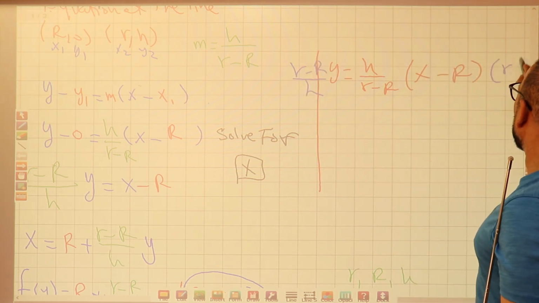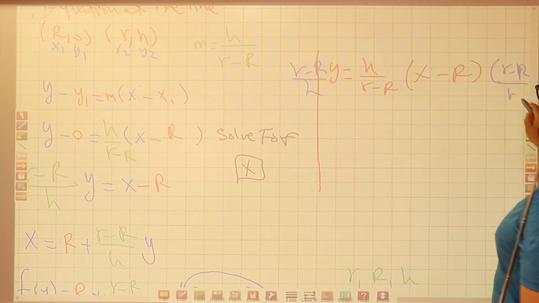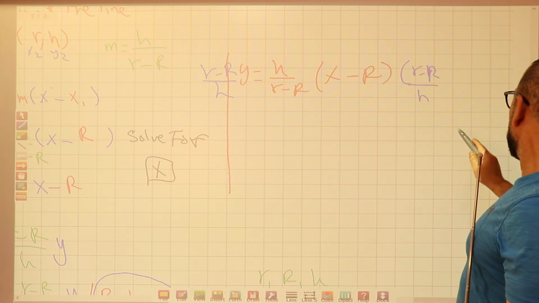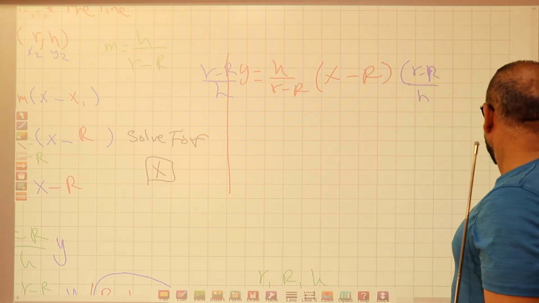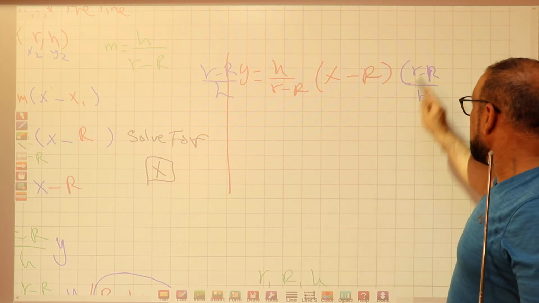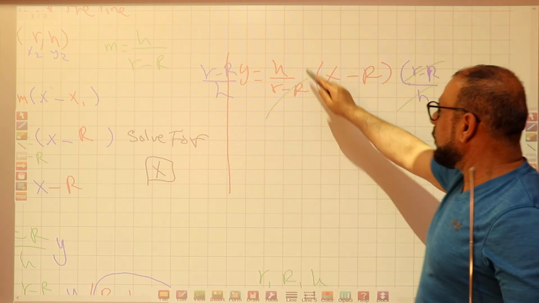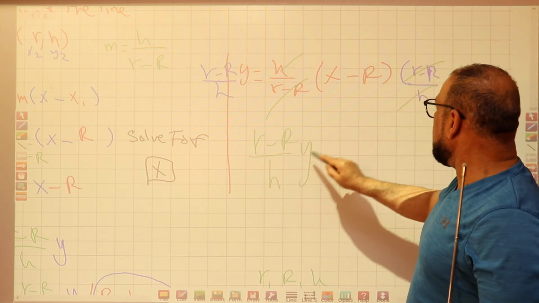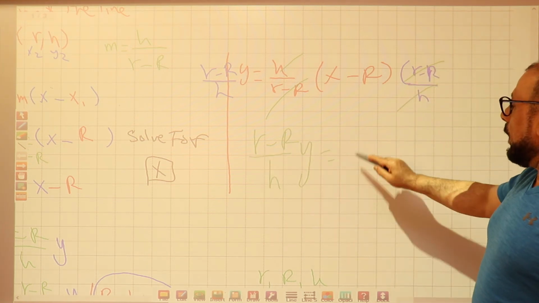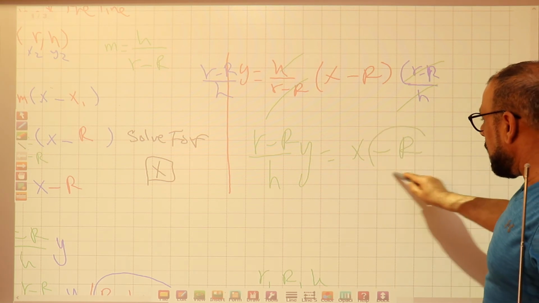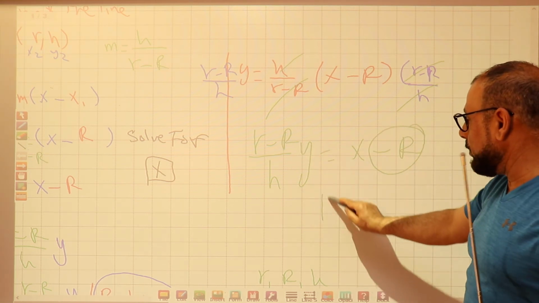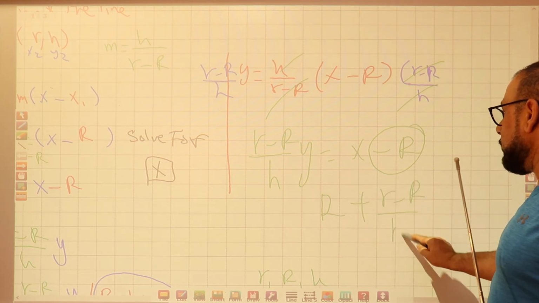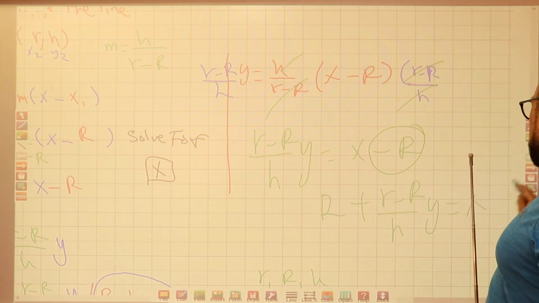You see? It's easy to do it like that. What happened here? This h cancels with this h, and then left is R minus r over h times y equals x minus r. Then I move the r from here to there, and it becomes positive r, because it was negative: R minus r over h times y plus r equals x. Okay.